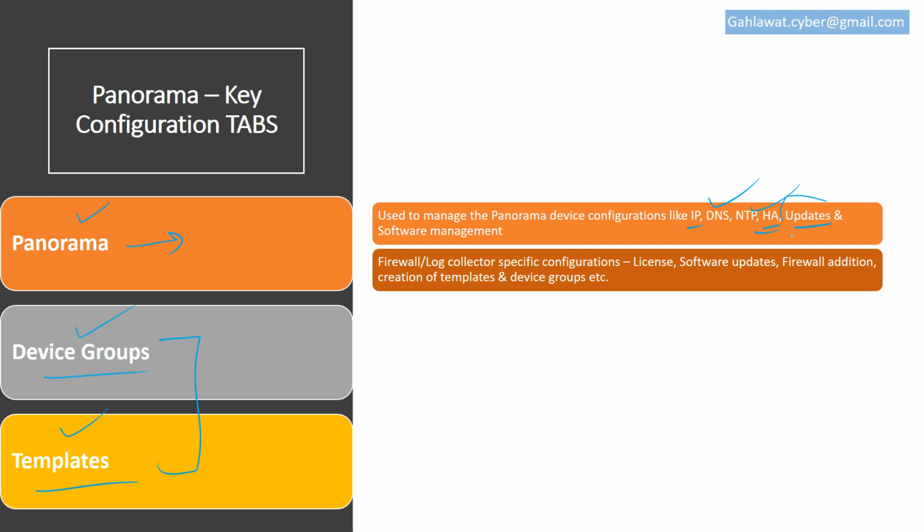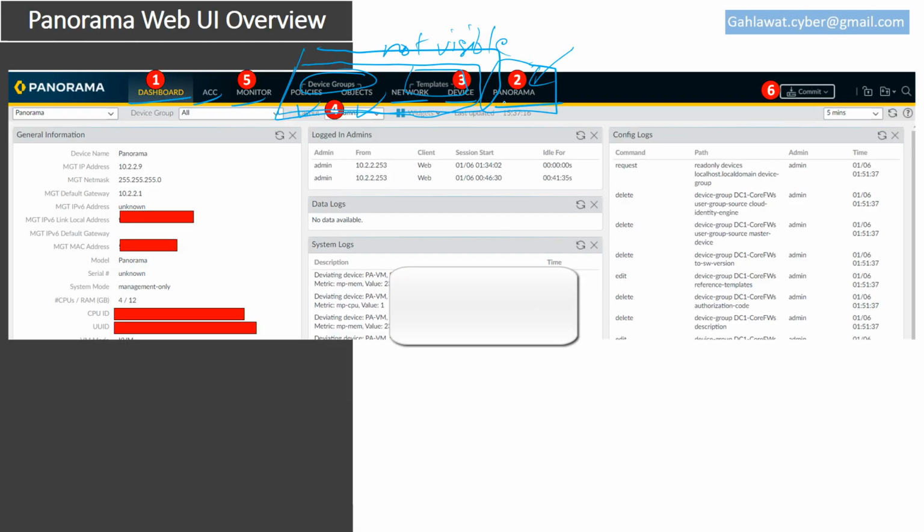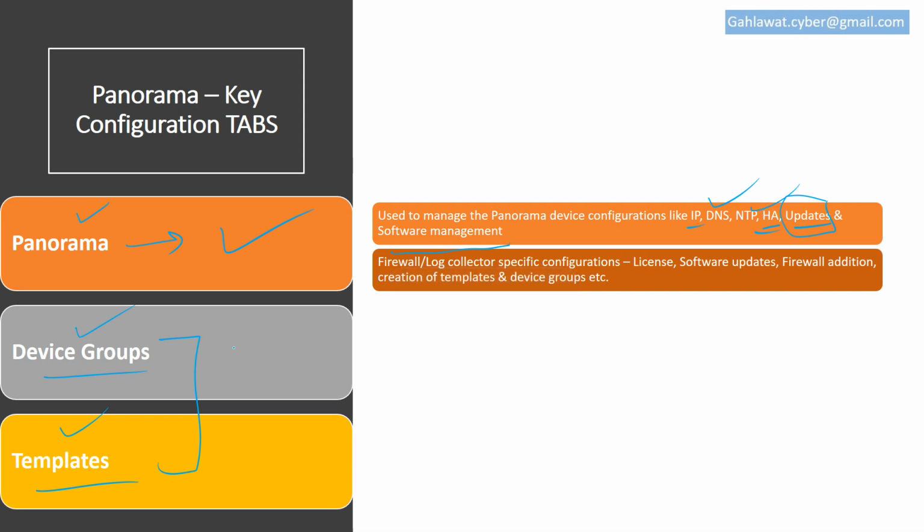Those are the software updates and the dynamic updates. All those things are managed using the Panorama tab. Then the device groups and templates won't be visible initially, and we will be talking about these at a later point of time.